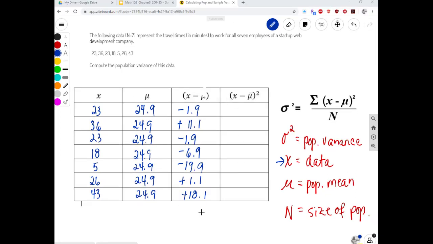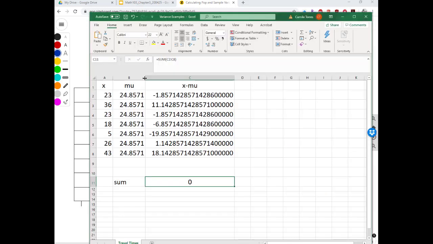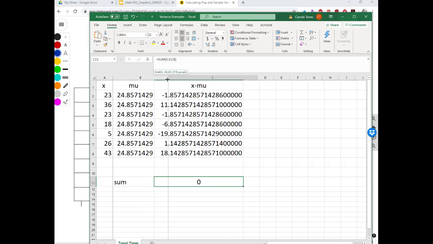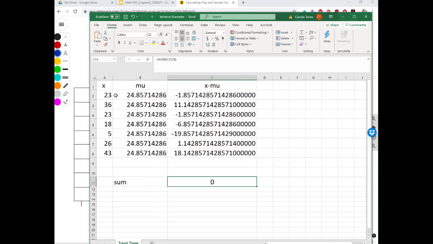Now, I rounded these numbers, if you recall, because my original mean went out many places, and I rounded to 24.9 just to keep the arithmetic a little simpler. But let me share an Excel spreadsheet that I did that did not round very far out. Here is my Excel spreadsheet. It did not round my population mean.